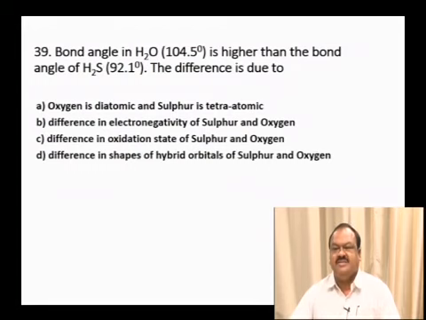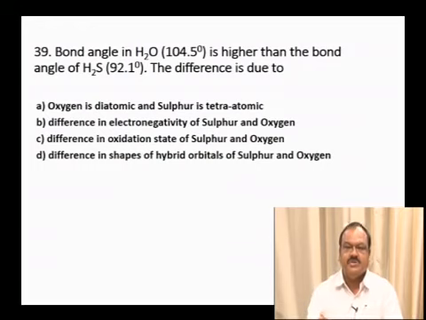The difference is due to, when we discuss the structure of water, the highly electronegative element oxygen being present, so hydrogen bonding takes place between hydrogen and oxygen, and it contains two lone pairs of electrons. But in case of H2S, no hydrogen bonding takes place.